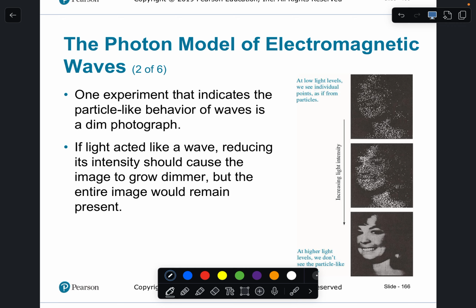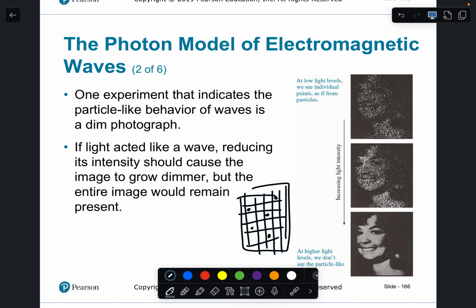Because, I don't know if you recall when we talked about how cameras work, cameras are made up of an array of little boxes that all absorb electromagnetic energy. And so only some of the boxes are absorbing that energy when the light is low. And that is showing you that the wave is not spreading over all of those little boxes of the CCD, right?